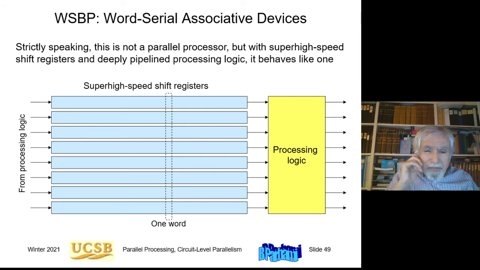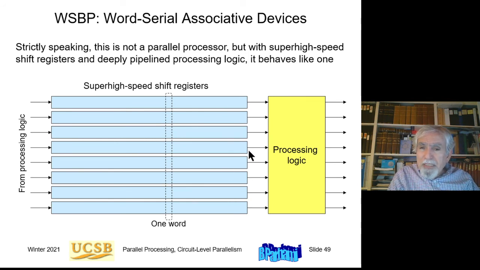So the question is, if I'm processing words serially, how is this different from a normal sequential processor? In sequential processing, we do the same thing, right? We fetch a word from memory, do whatever needs to be done with that, then go to the next one.